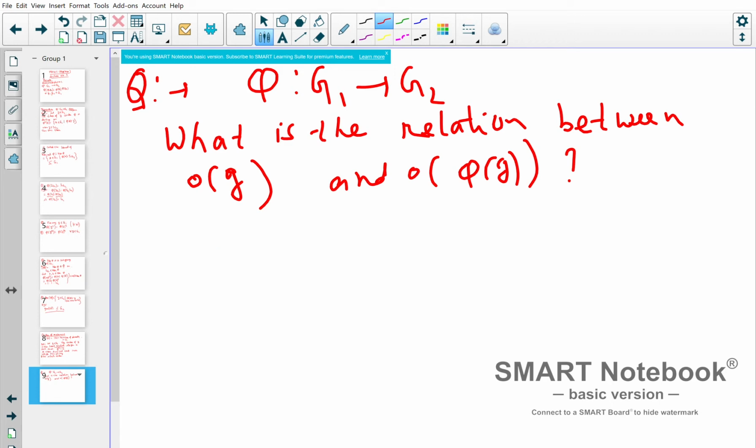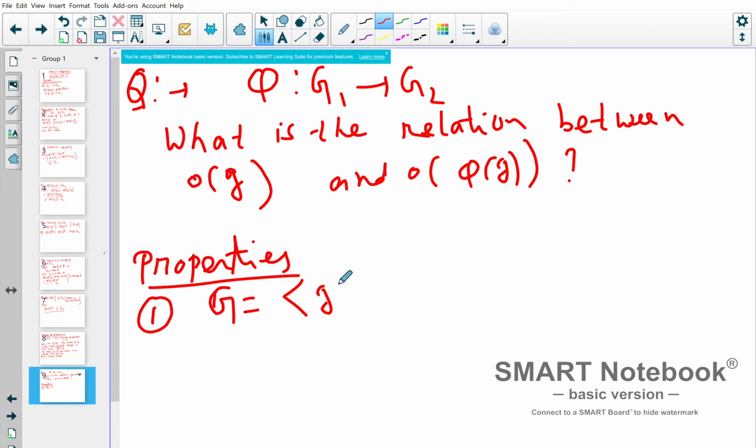Before that, let us discuss some of the properties of order. Then you can easily answer these kinds of questions. You see that if you have a cyclic group, G equal to the group generated by an element g, then if the cardinality of G is infinite, this implies the order of small g is also infinite.